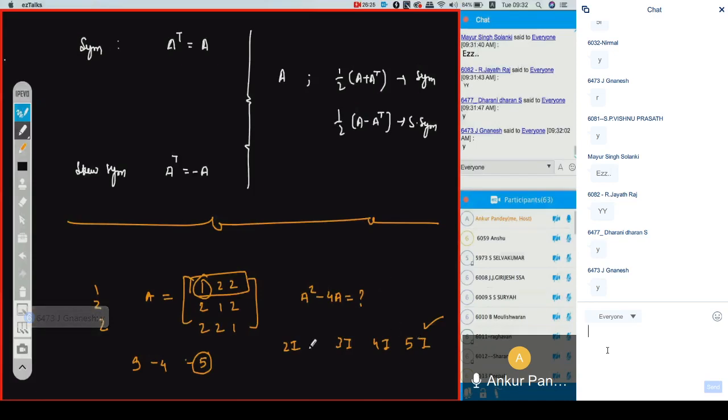But as you have only I, you will be looking for what will be I. I will be [1, 0, 0; 0, 1, 0; 0, 0, 1]. So you will have to calculate this value and this value. I am calculating this value. How? The first term of A square will get subtracted by 4 into A. Now 4 into A, the first place is 4. We just now calculated our number is 9. 9 minus 4 is 5. So the answer will be 5I. Clear?